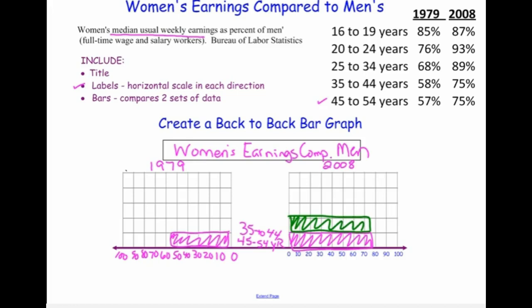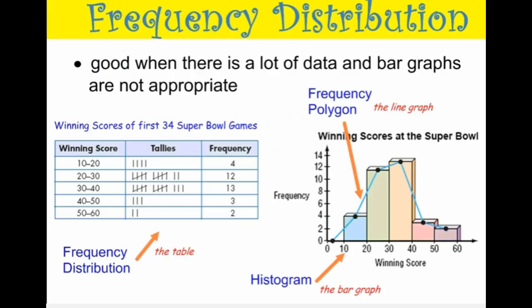And in 1979, women were making 58%, slightly more than the category of the people before. You could go ahead and finish off this, but that's a back-to-back graph where you get a bar on the left, a bar on the right, easy to compare.